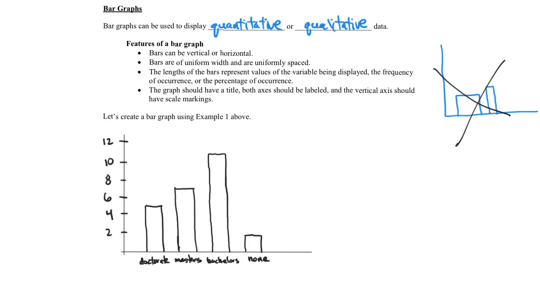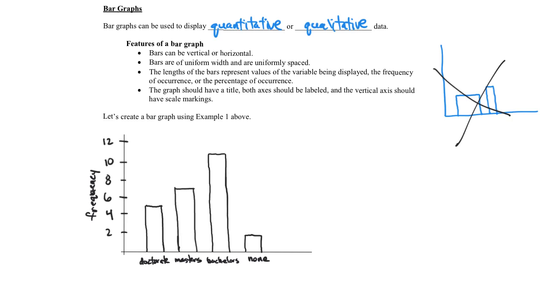So we should, of course, say for here, I'm just going to write frequency. And then over here, I'll just give a little more information as to what this is. I'm just going to write highest degree obtained.